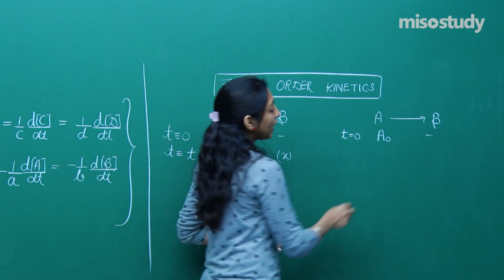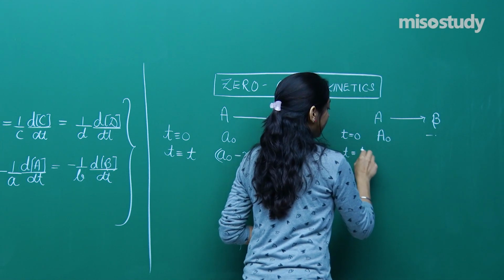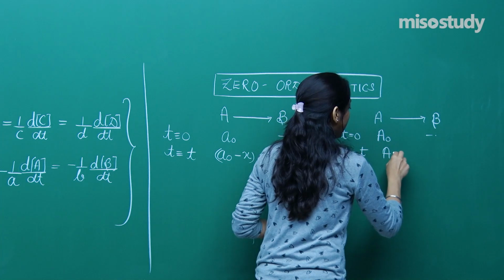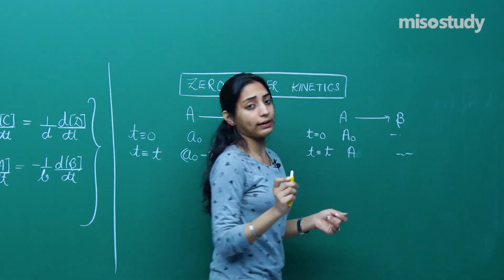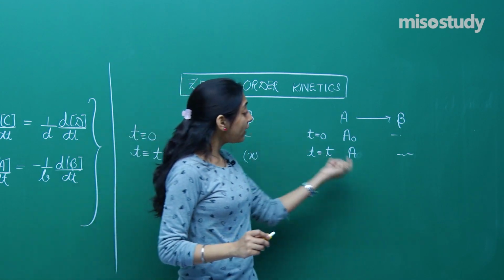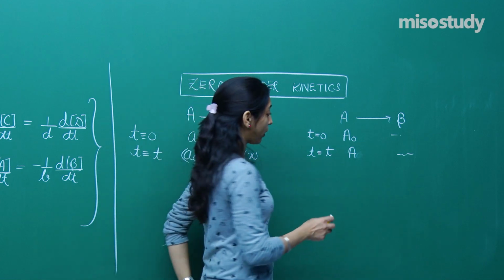In other words, you can say at t is equal to 0, this is A naught, this is nothing. At time t is equal to T, let us say this is A, and this is something which I am not writing. Okay, so A is what? A is the amount of A that is left out.